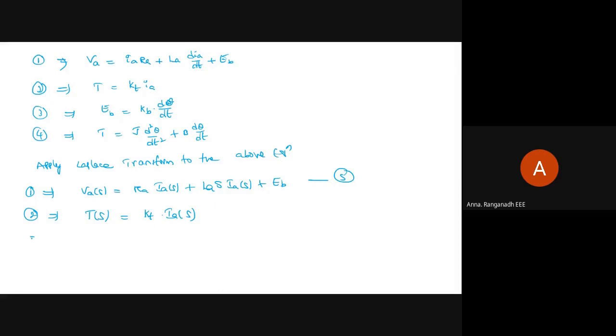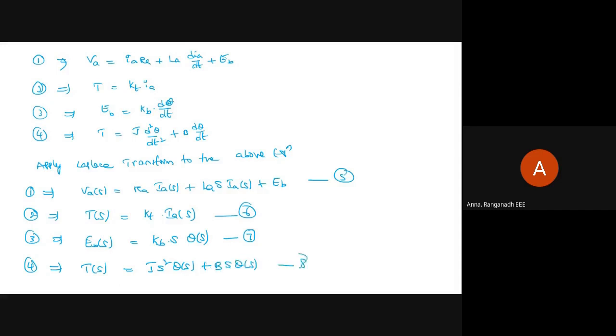Then the third equation will become EB of S equals KB into S into theta of S. This is equation number 7. Now the fourth equation will become T of S equals J into S square into theta of S plus B into S into theta of S. This is equation number 8.